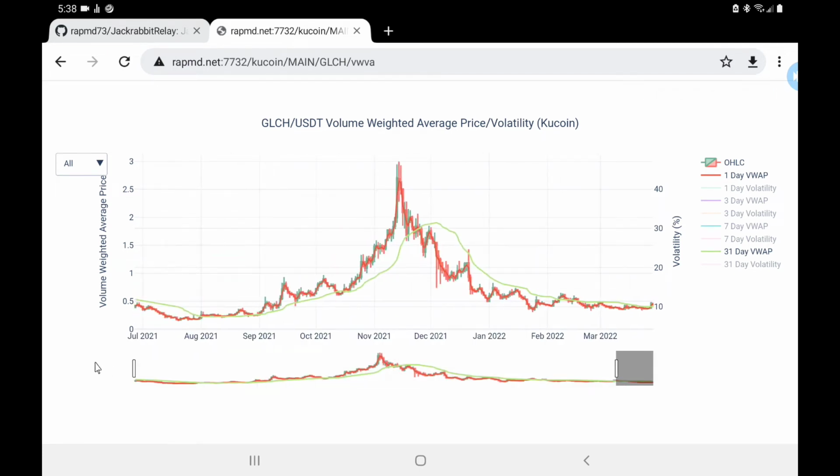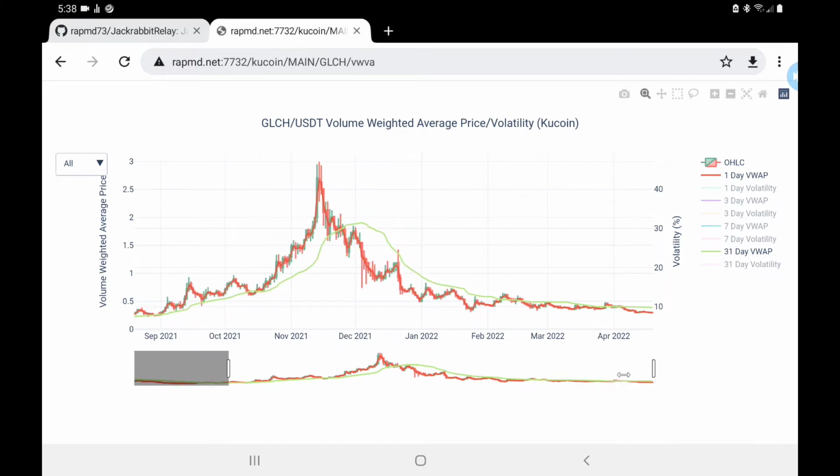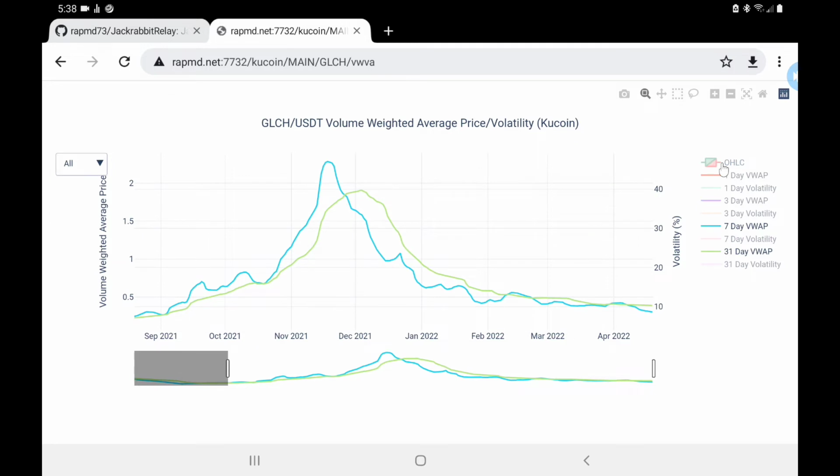Let's zoom this out. And now you can see the differences, or let's give it a little bit smoother reaction and go to the 7-day. And if you want to just see the crossover points, click on the OHLC chart to disable it, and now you can actually see the crossover points of the volume weighted averages.